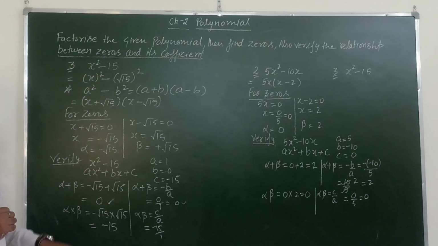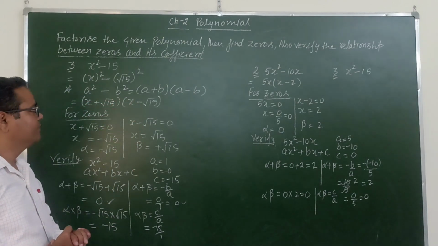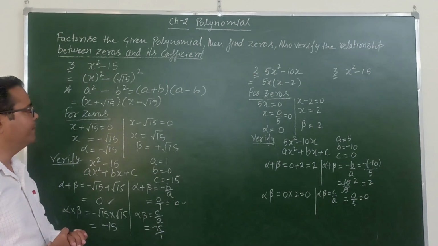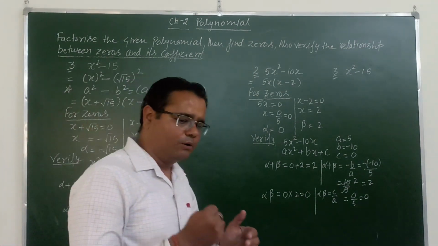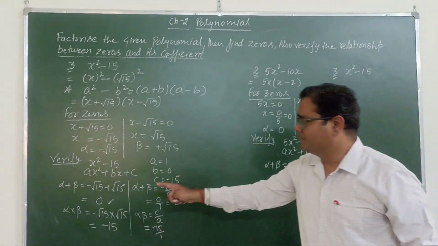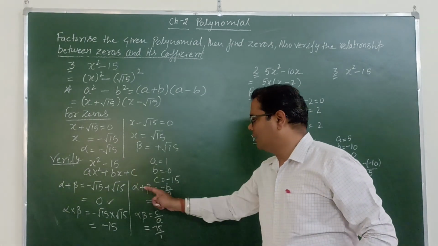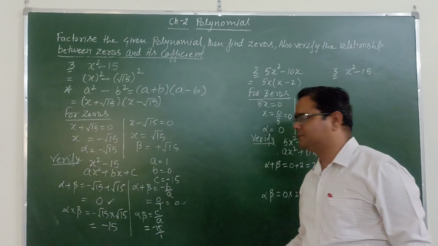Then factorize with the help of the identity a square minus b square, which is a plus b and a minus b. So after factorizing, find the zeros. One of them is alpha, the second one is beta. Then add them, multiply them. After that, compare with the coefficients, minus b upon a and c upon a.